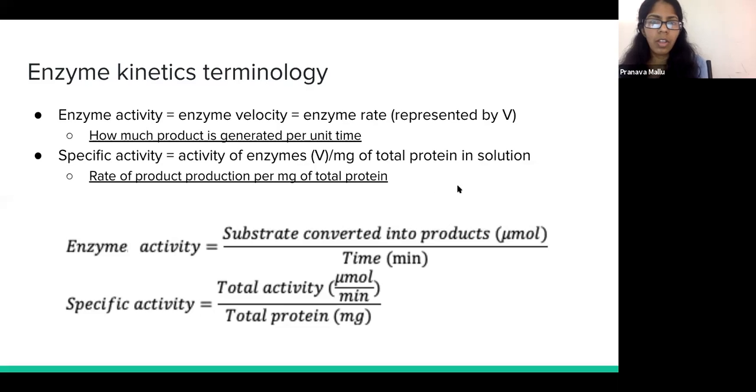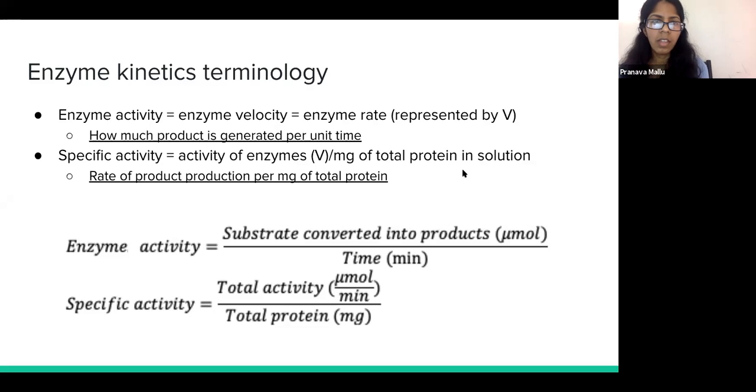Yeah, so you have two samples, same enzyme activity, but sample 1 is 1 milligram of total protein. Sample 2 is 100 milligrams of total protein. Which one has higher specific activity? Yeah, exactly.